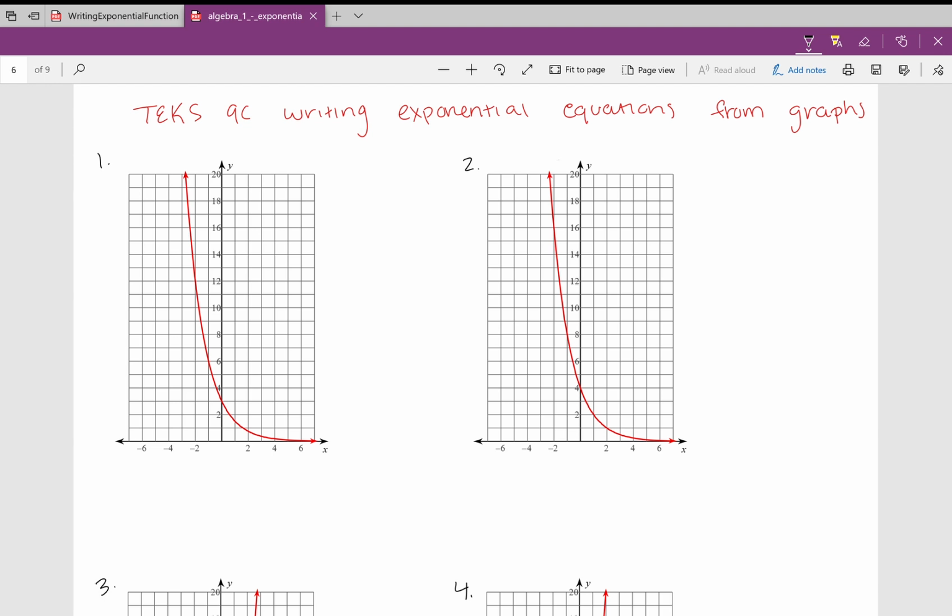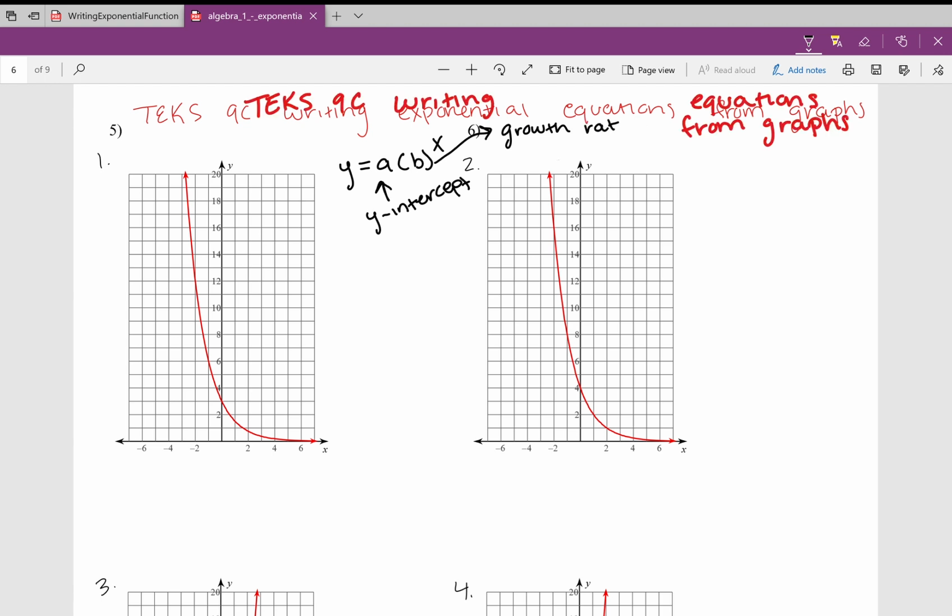So remember, it is y equals a b to the x power, where a is the y-intercept or the starting value, and b is the growth rate or the decay rate.